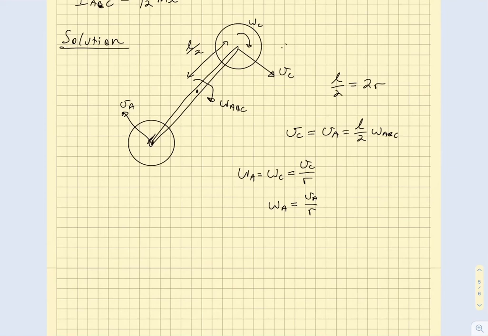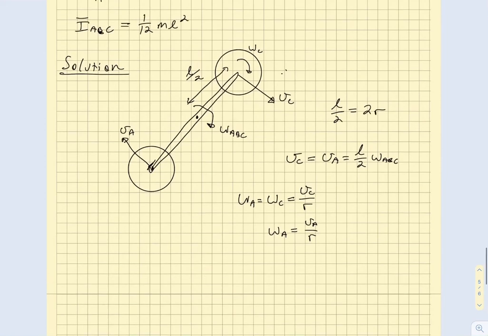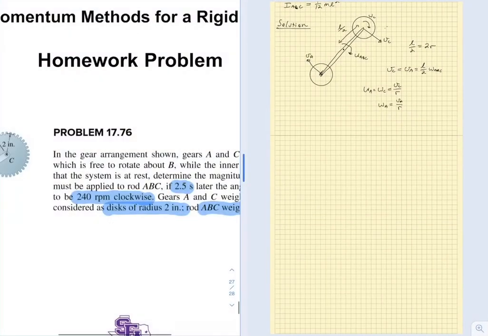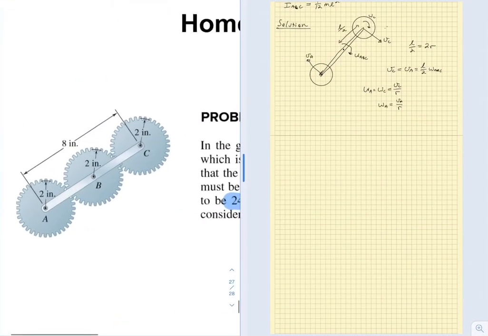And the same thing for omega A would be the velocity A over r, but they should be the same. So omega A is equal to omega C, which would be equal to those values there.